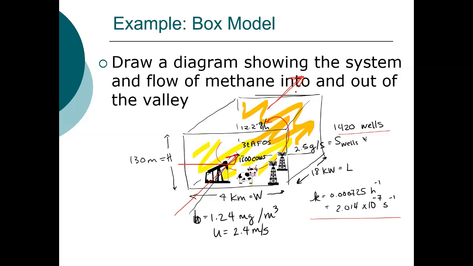And you were also told the number of wells and the amount of methane produced by each well. You were given a first order rate constant and a concentration of methane entering the valley, along with a velocity at 1/2 the mixing height.